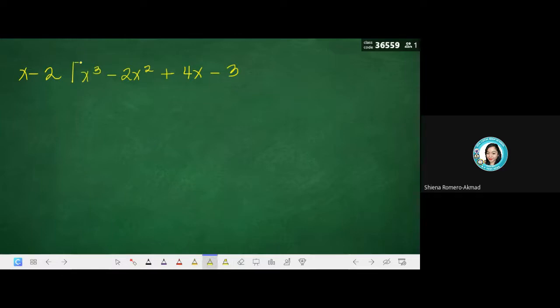So, kanina, tinuro ko sa inyo how to divide polynomials. Ang galing ng ano ko, hindi nagpapantay. Wala kasing ruler dito eh. O, diba? Napakaangas talaga. Try nyo magpantay. Try natin mag-ruler kung aakma ba.